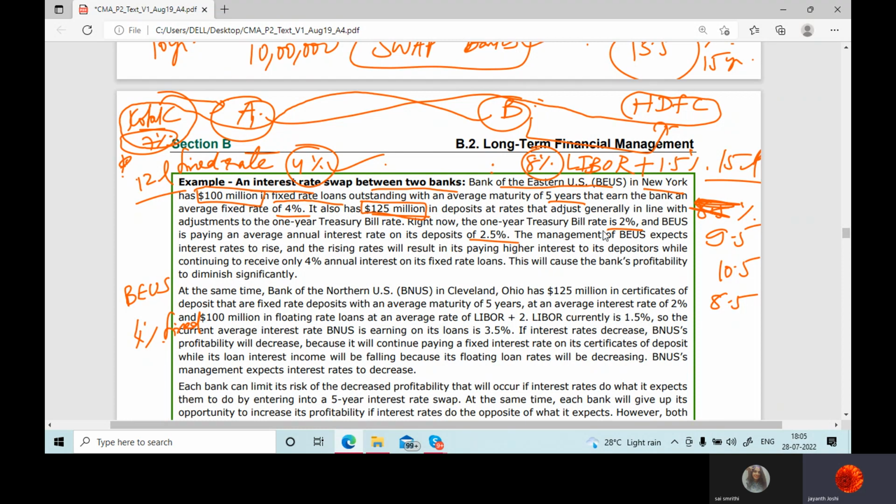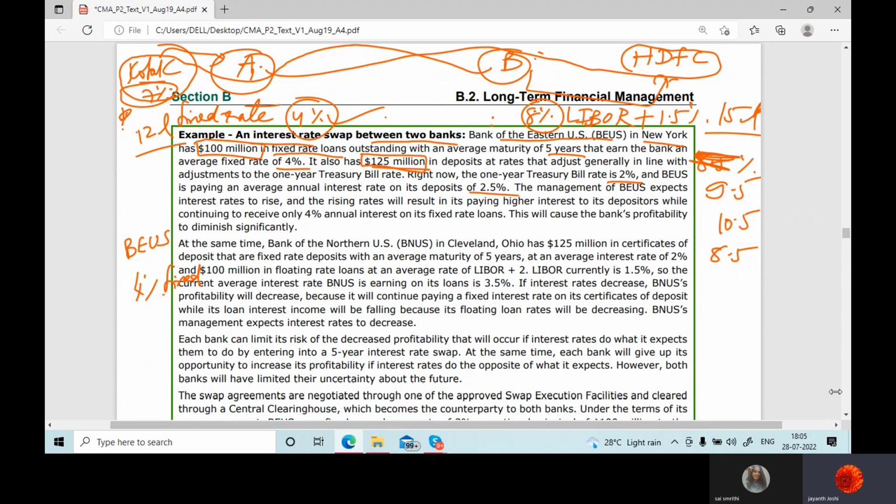Right now the 1-year treasury bill rate is 2%, and BEUS is paying an average annual interest rate on its deposits of 2.5%. The treasury bill rate is 2%, that is government's rate, but the bank is paying 2.5. The management of BEUS expects interest rates to rise, and the rising interest rates will result in paying higher interest to depositors while continuing to receive only 4% annual interest on fixed rate loans.